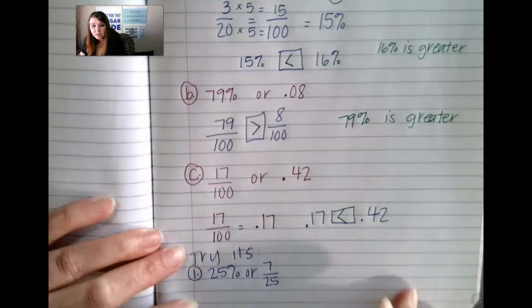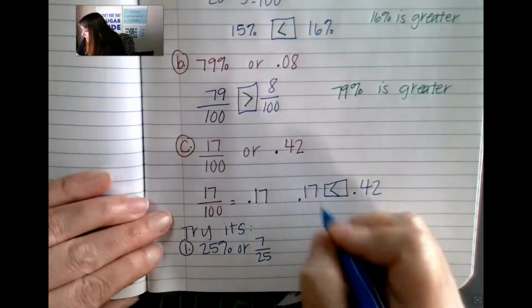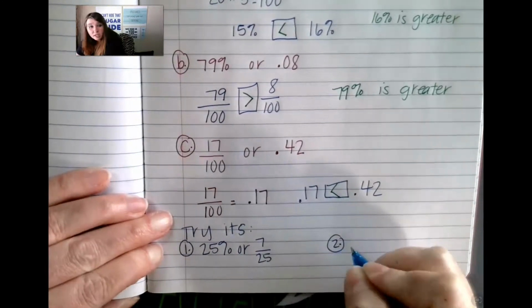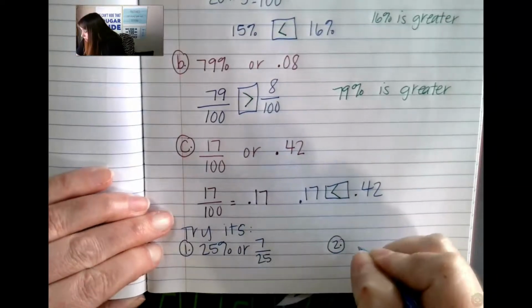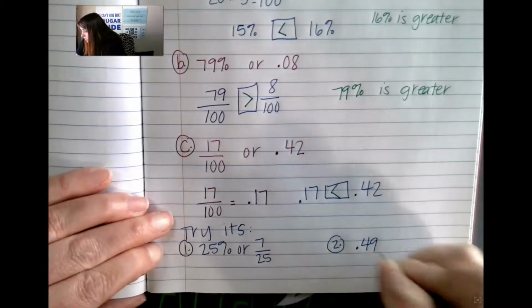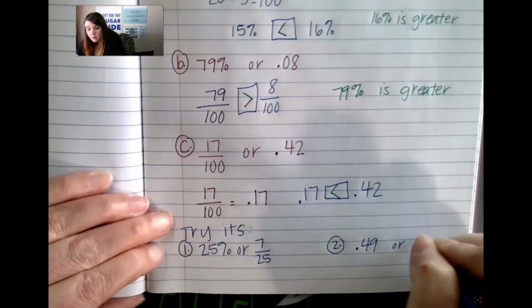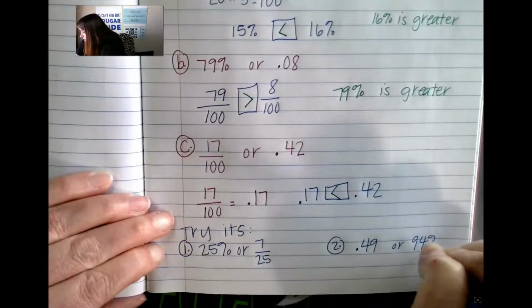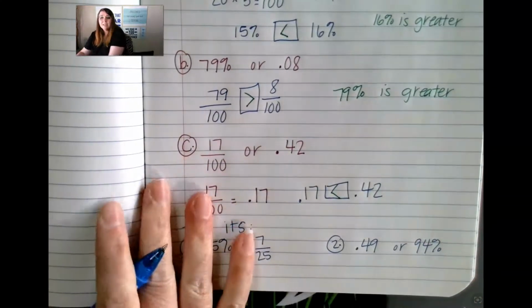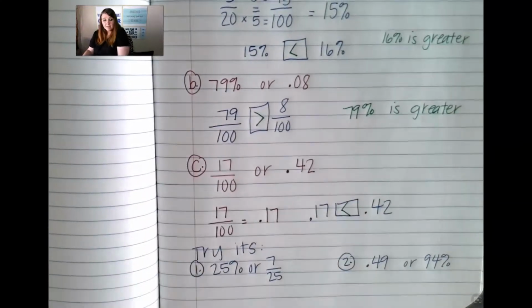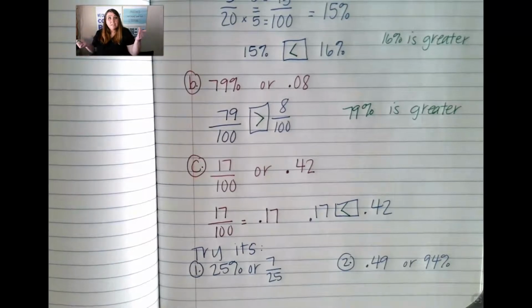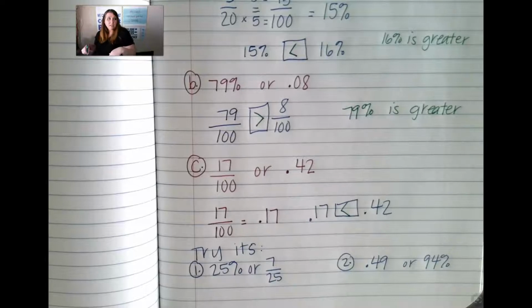And number 2, which is greater, 0.49 or 49 hundredths, or 94%? Right now you're going to go ahead and hit pause so you don't hear me telling you how to do this, and then come back and check your answers.